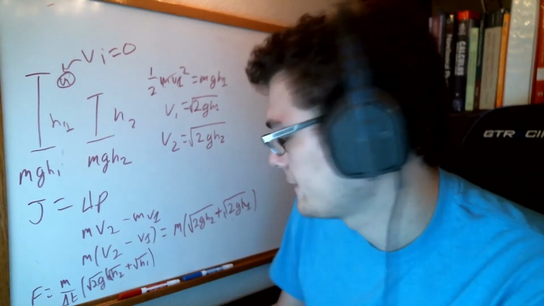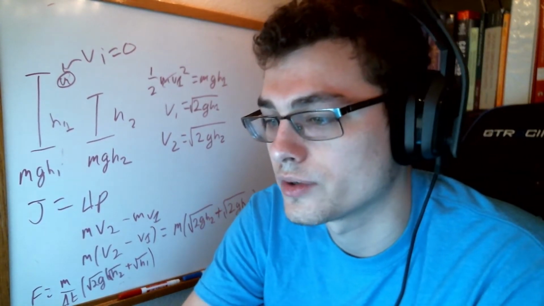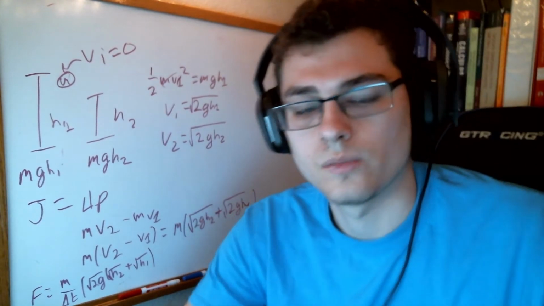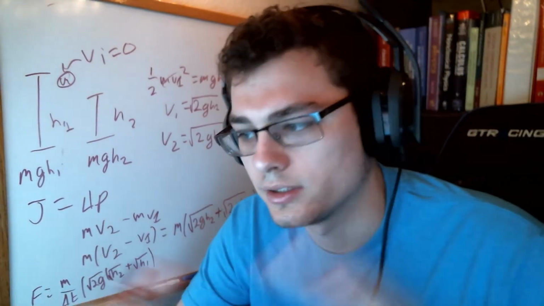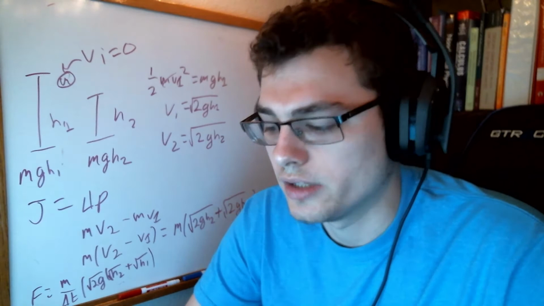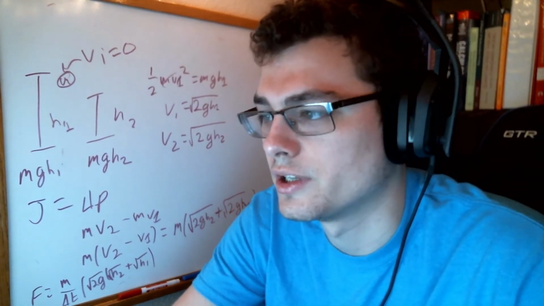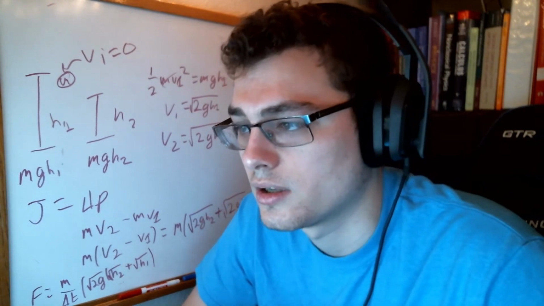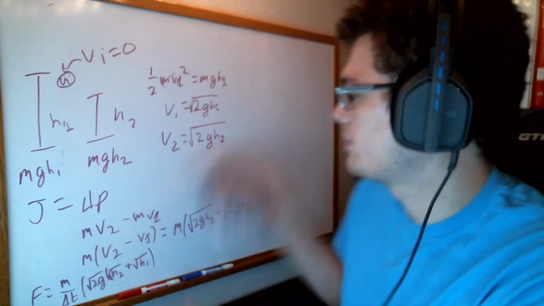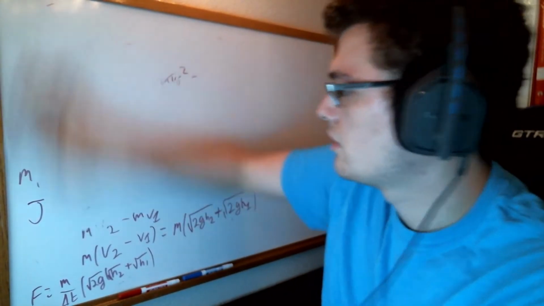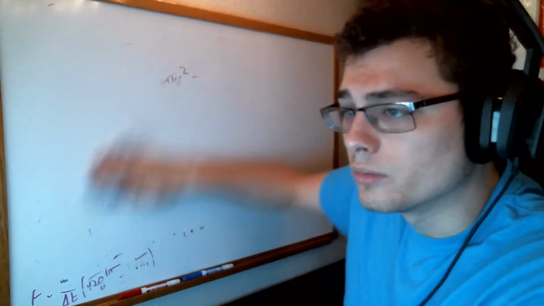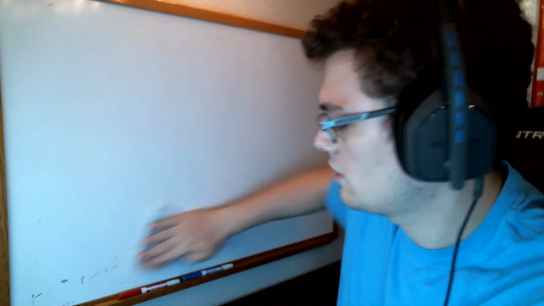And there you have it. That's how you solve for the force there. We're basically decompressing the J from the examples that we did in class the other day. So next up we have a ball with initial velocity and a certain mass.